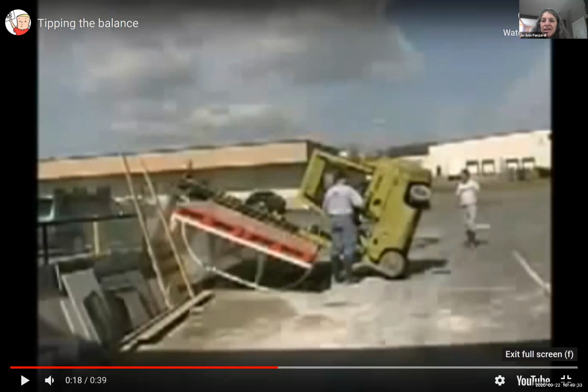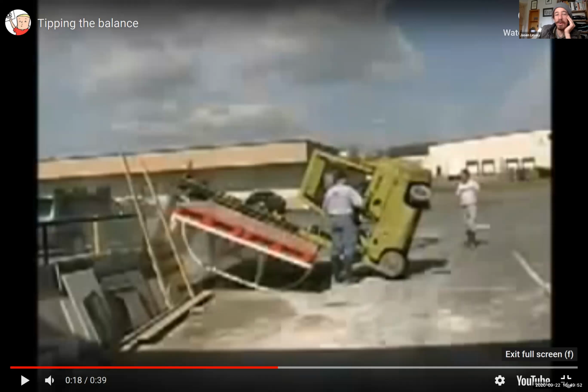In that case, they didn't anticipate that the weight of that sheet times the lever arm is going to turn the forklift.